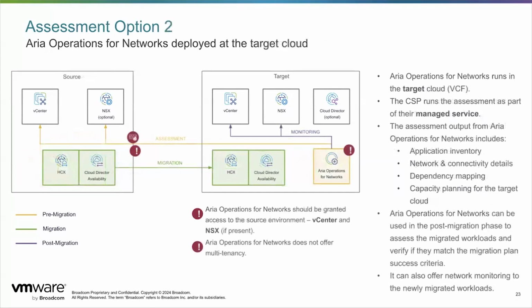The second option is to deploy ARIA Operations for Networks in the destination site. Here, the important thing is it needs to connect to the source vCenter and NSX if it is there. So this means the customer should provide connectivity to these appliances to ARIA Operations for Networks, which means they need to expose some part of their infrastructure to the CSP.